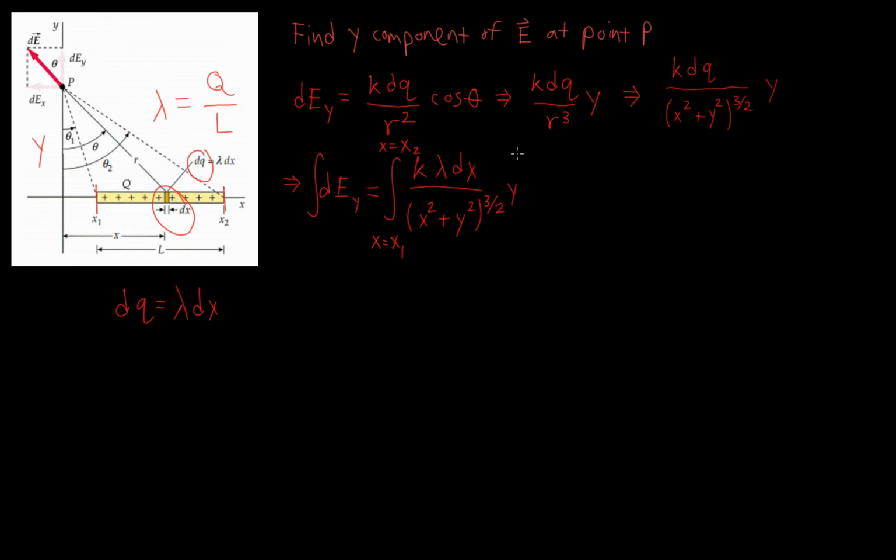Again, integrating both sides is necessary because we're cutting up this entire line charge into smaller pieces, and we're finding the individual contributions due to these really small pieces of charge at point P. And when we do that, we're pretty much just integrating both sides.